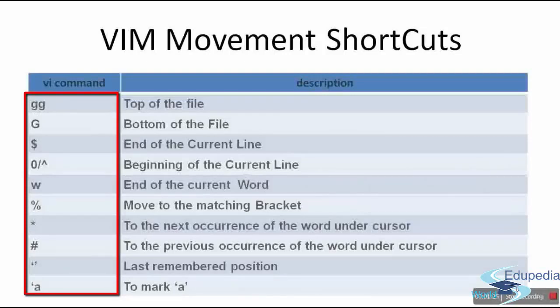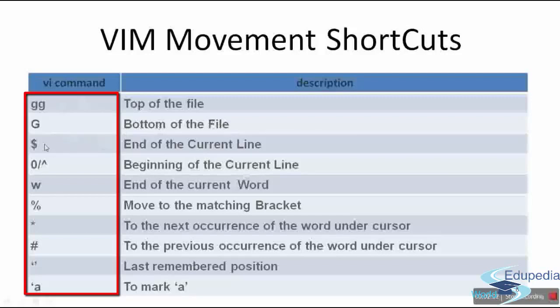Pressing small g twice on your keyboard at a faster pace, fast enough so that it is counted as a key repetition, will take you to the top of the file, and pressing the capital G, which is either using shift key or when your caps lock is on and you press the letter G, will take you to the bottom of the file. So small g twice will take you to the top of the file, and capital G will take you to the bottom of the file.